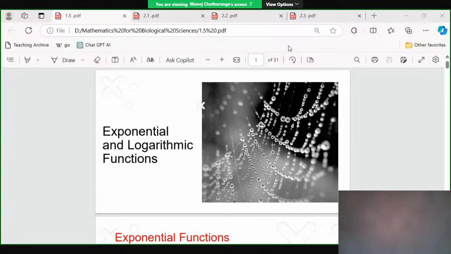And inverse functions, one-to-one functions. So one of the applications of one-to-one functions and inverse functions is exponential and logarithmic functions. Exponential functions, you all know them very well. Powers.